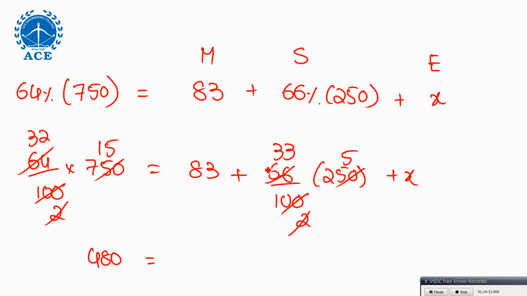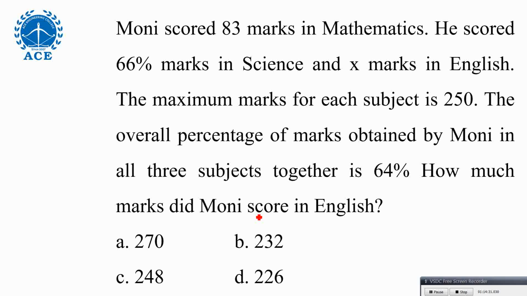So here what you got: 83 plus 165, 232, you have to get the X value. That's it. So you are fine solving. It's simple logic; 270 not possible. 240 might be a case, but still there are options, so 232 is the answer.